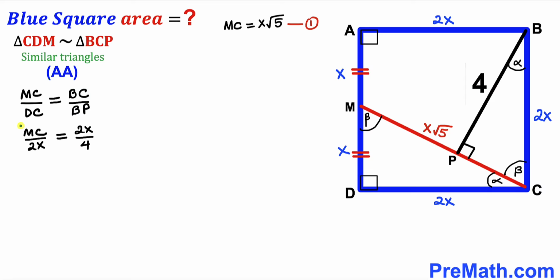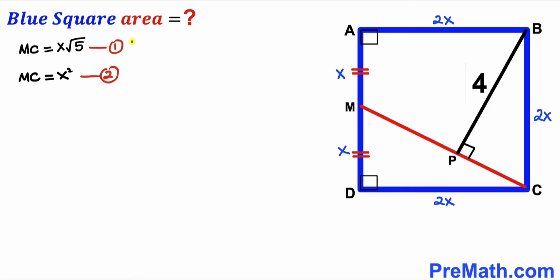And now we are going to cross multiply. So we get 4 times MC equals 2x times 2x, which gives us 4x squared. Let's divide both sides by 4. So our MC length turns out to be x squared, and I'm going to label this as equation number 2.